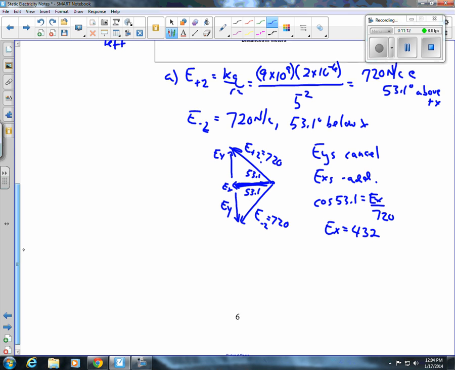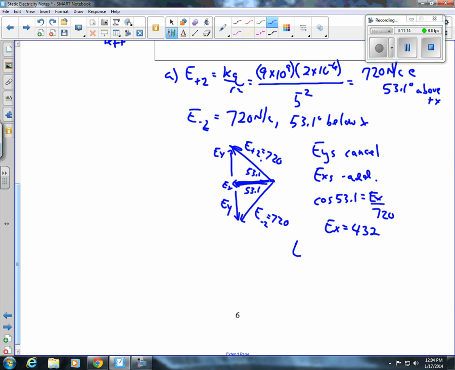And I have two of those, so to find my E net, it equals 2 times what EX was, so 2 times 432 is going to be 864 newtons per coulomb, and my direction, remember, is going to be left.